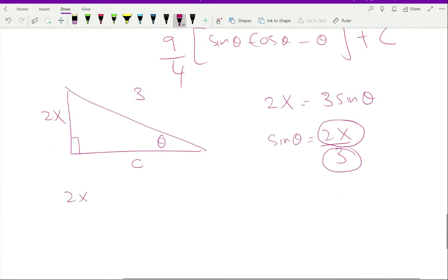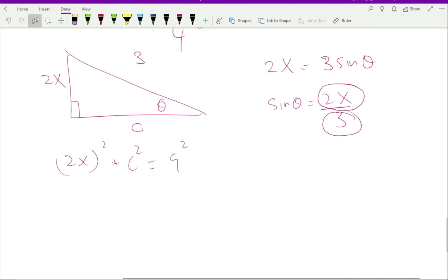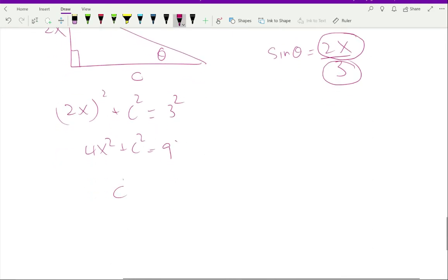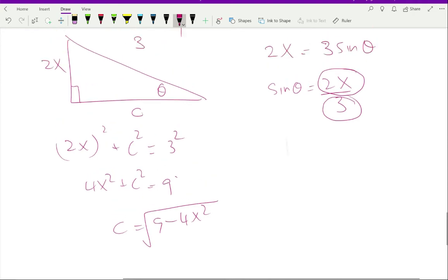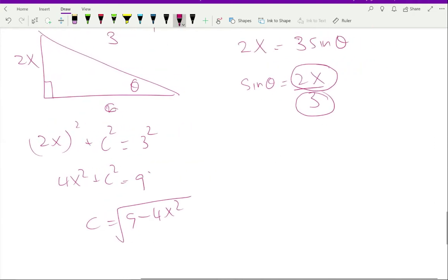So (2x) square plus c square should be equal to 3 square by the Pythagorean theorem. So 4x square plus c square is 9, I'm getting ahead of myself. So c square is 9 minus 4x square, so c is the square root of 9 minus 4x square. So we know the length of the missing side.